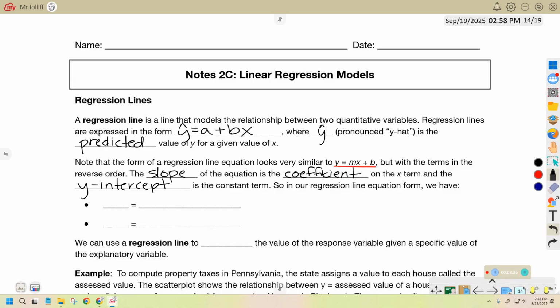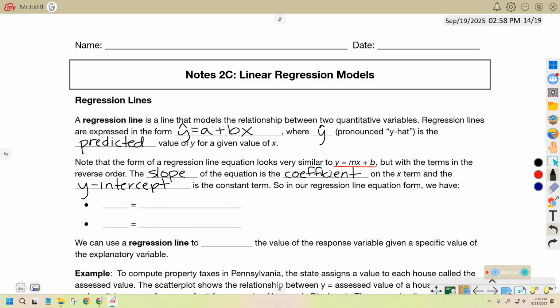Looking at our equation, y hat equals a plus bx, which of those two letters, a or b, is the coefficient on the x? Raise your hand if you know. I see Jacob and Drew. You can do it at the same time. Give me the letter.